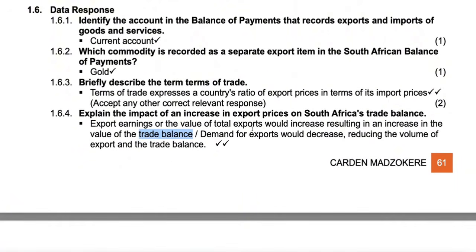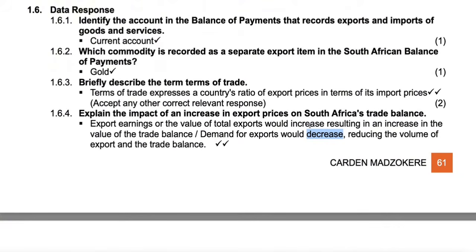Or demand for exports would decrease. You see, this is the opposite, because here the value of exports would increase, basically because the prices of our exports have gone up. So it would lead to an increase in the rand value of our exports.